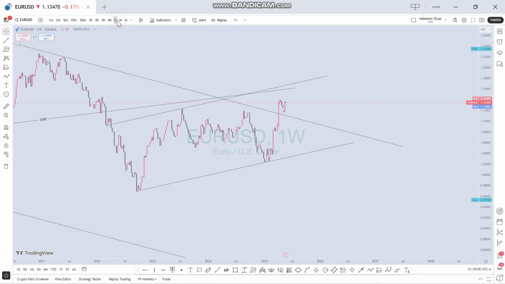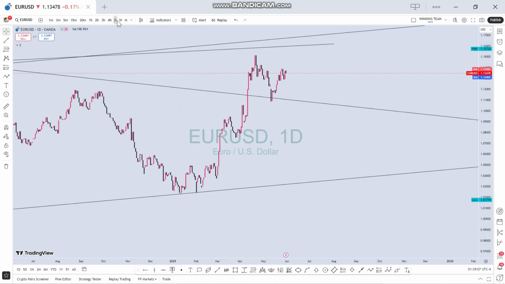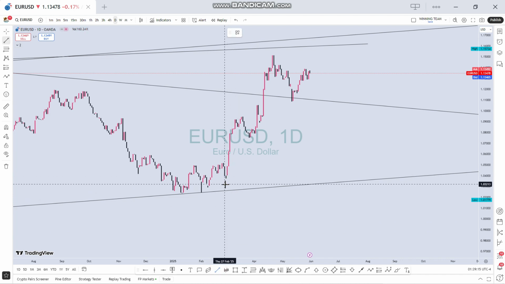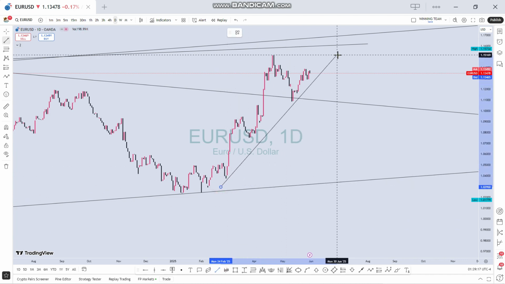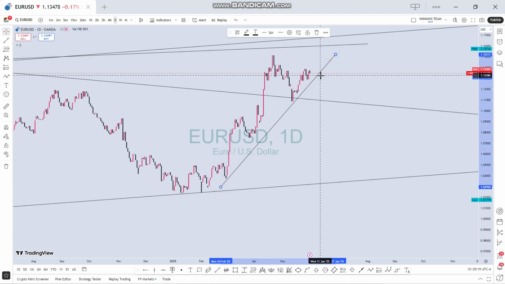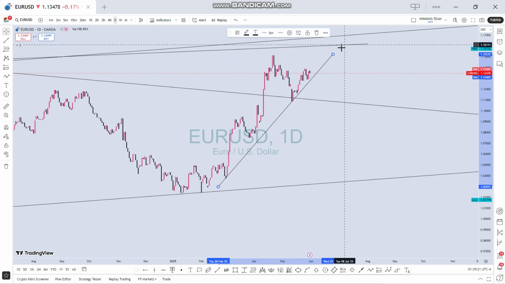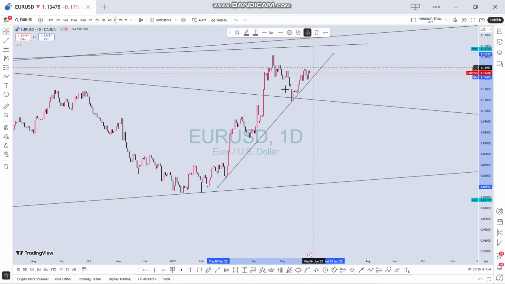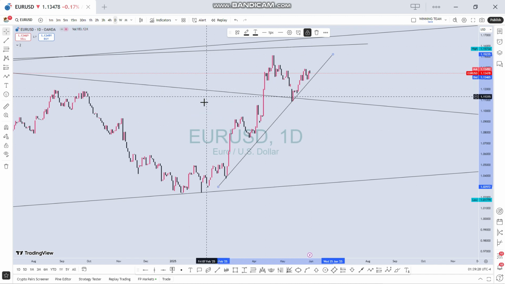So let's go down to our daily time frame. This is what I'm seeing on the daily time frame. Okay, we've been pushing so nice, going to the upside. We have a nice uptrending channel, which we managed to form on Euro USD. It's trading upside, not downside. We have a nice support here, which is supporting the fact that Euro USD is bullish for now.